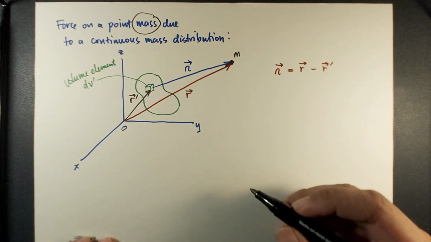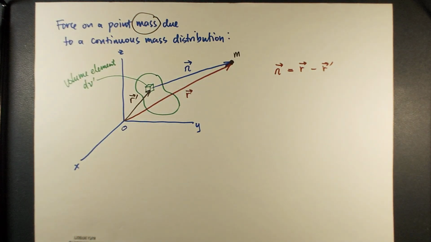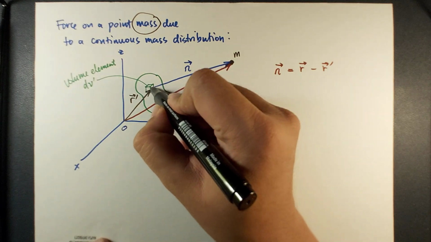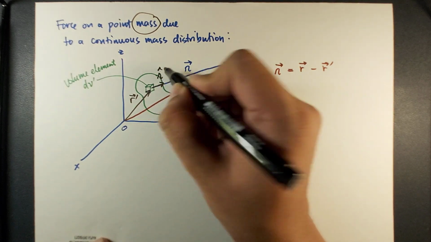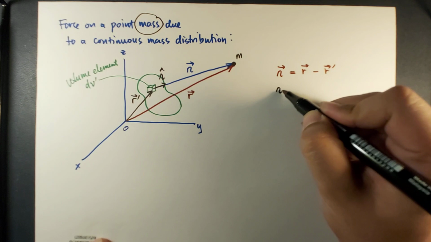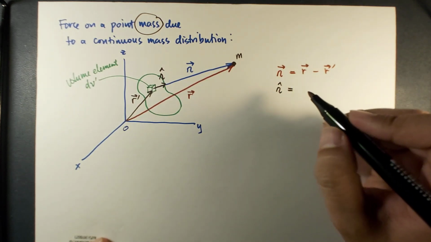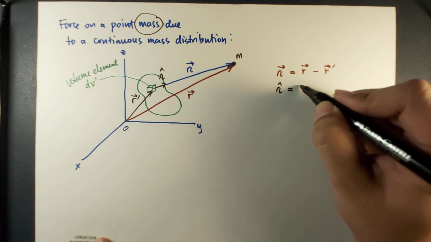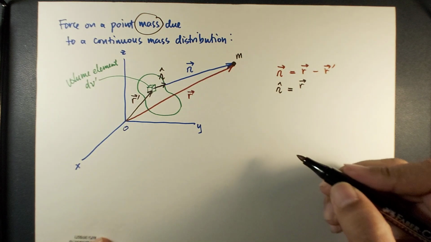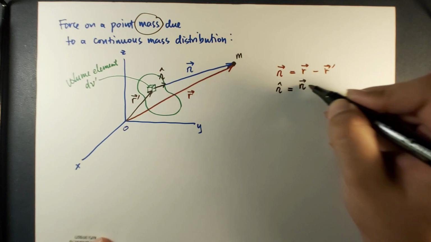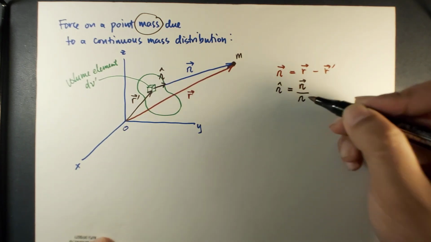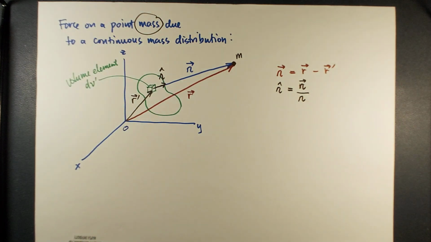Also, we can define the unit vector script r hat, where script r hat is equal to the ratio between the vector script r and the distance between the volume element and your mass.